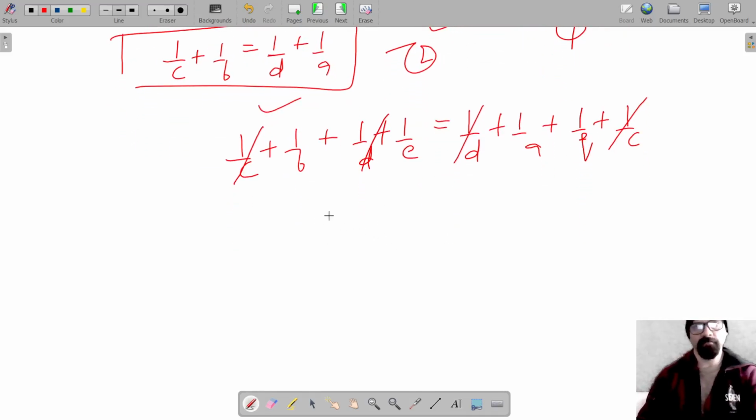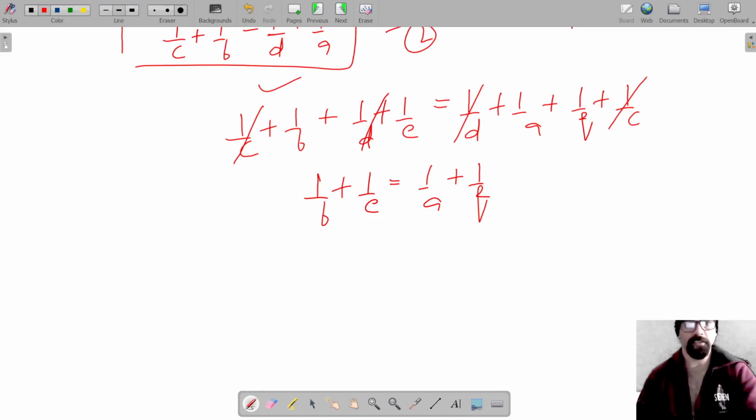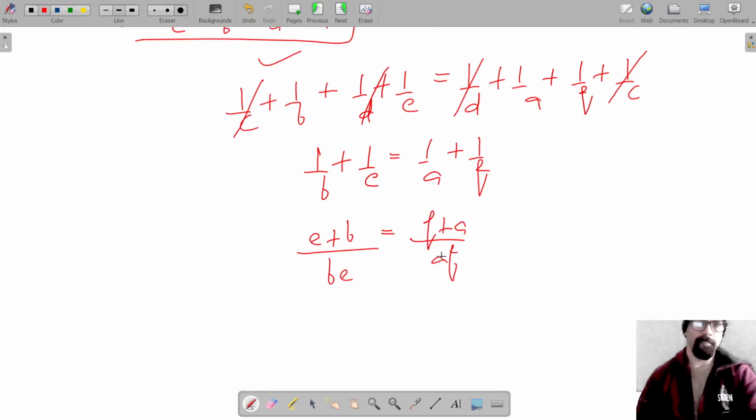So finally, I have 1 upon B plus 1 upon E is equal to 1 upon A plus 1 upon F. And if I take LCM, this is (E plus B) upon BE is equal to (F plus A) upon AF.